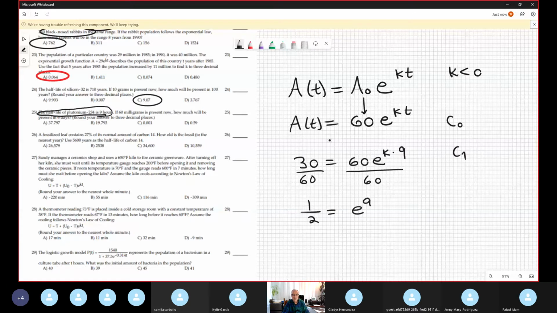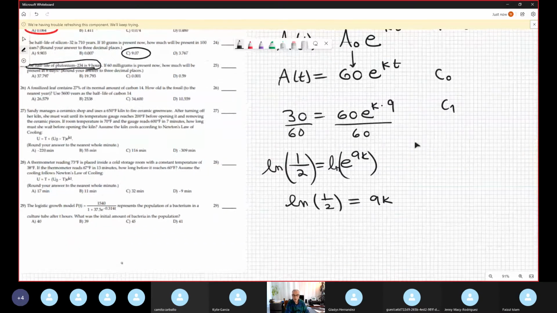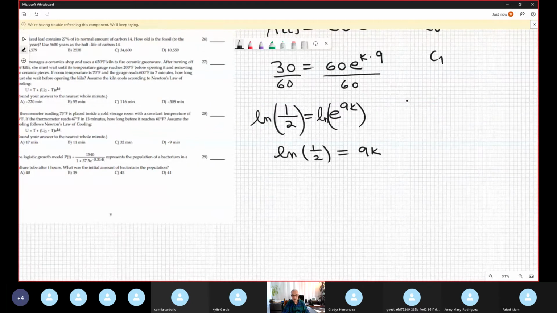We have 1/2 equals e to the 9K. Apply the natural logarithm on both sides. Then in the other line we have logarithm of 1/2 equals 9K, because logarithm and exponential with the same base cancel each other. Now we have logarithm of 1/2 divided by 9, and that's the K value, which we use in the second part.